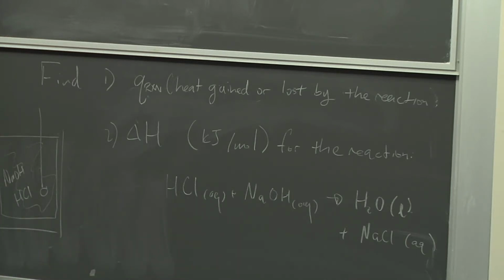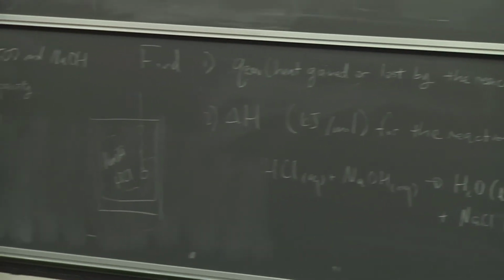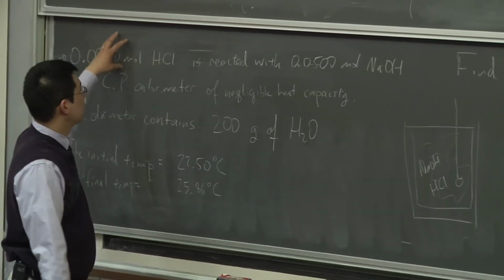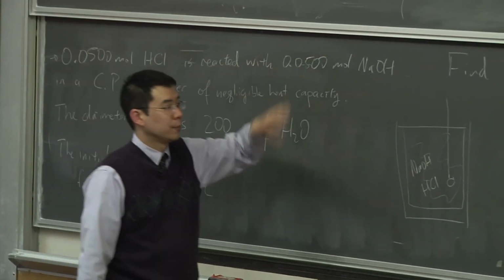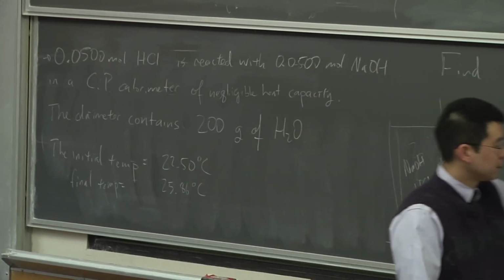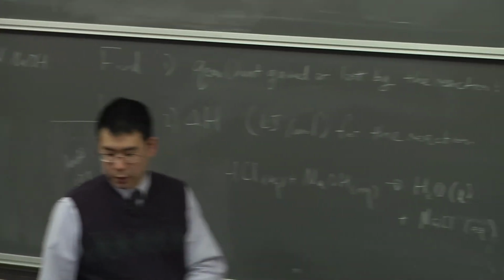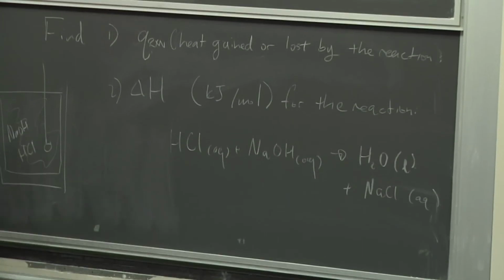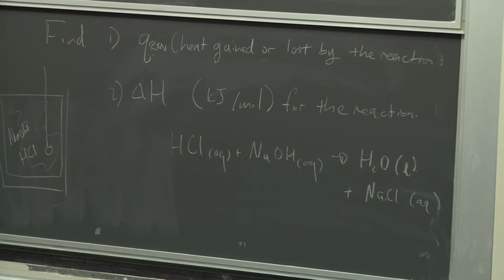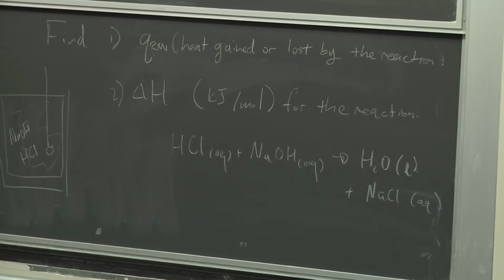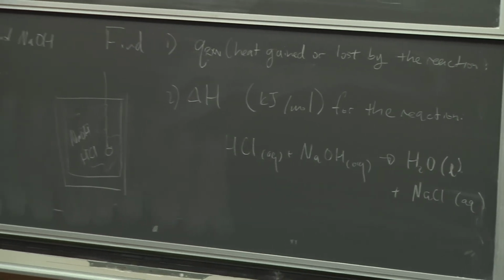When you mix this and this, some heat's going to either be gained or lost. That's an absolute amount of heat. But because this is a reaction, you have this number of moles and this number of moles giving you some product. Then once you get Q, you're going to divide it by the number of moles that you have to get joules per mole.